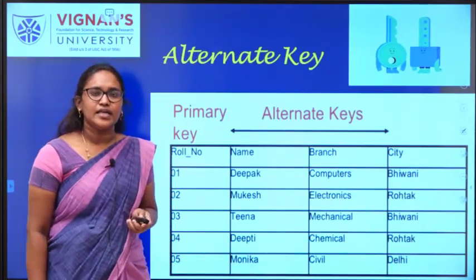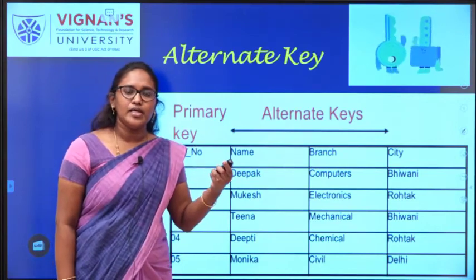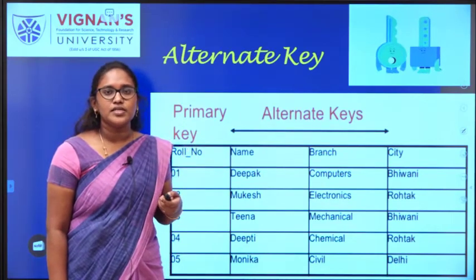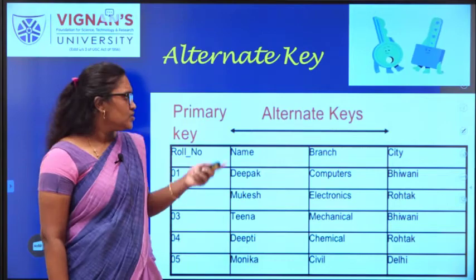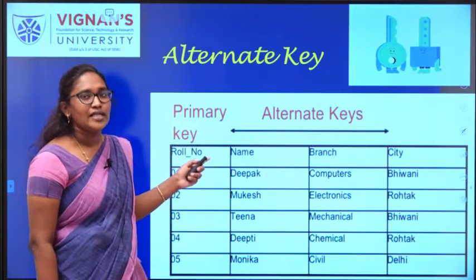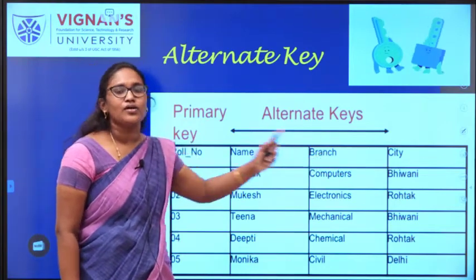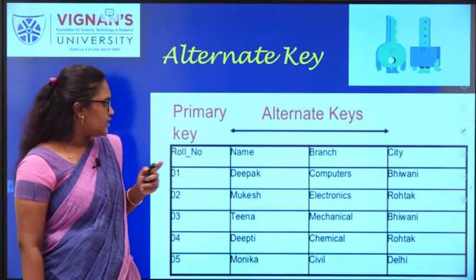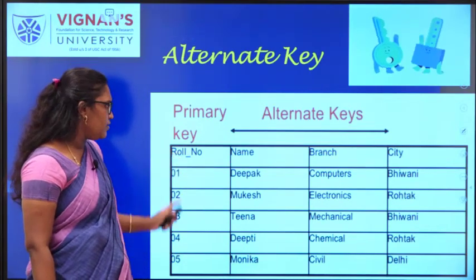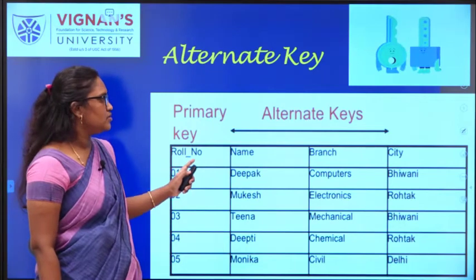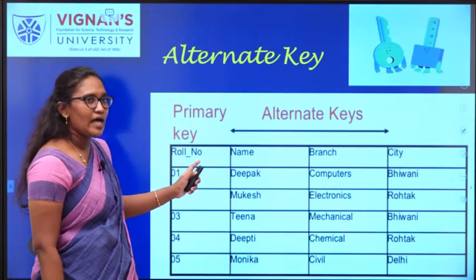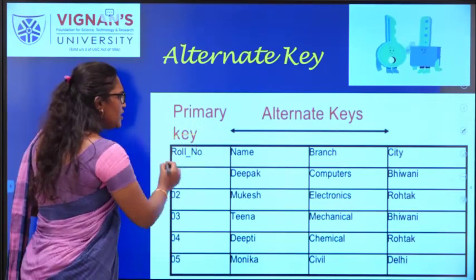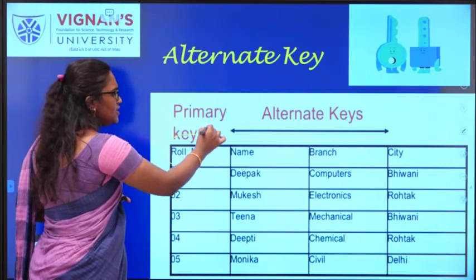Next one is the alternate key. You have learned about primary key, super key, composite key, candidate key, right? So the keys other than the primary key are called alternate keys. Here you have a student table with roll number. The roll number is called the primary key.